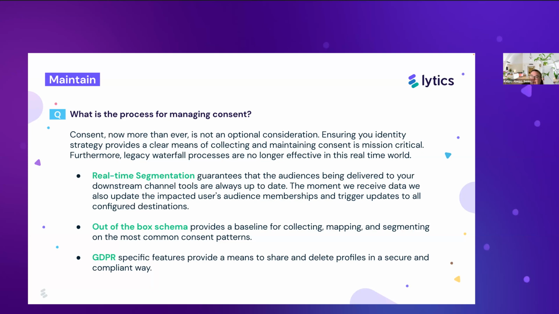That means any given time you're retrieving that consent, especially opt-ins for certain channels, opt-ins for communications, all of that's super important to keep up to date. A system that's real time that can merge that data to an entity, retrieve that profile, materialize it, and push it back out with the right information is going to keep you up to date across your downstream tools as well, as far as who you can reach out to and who you cannot.